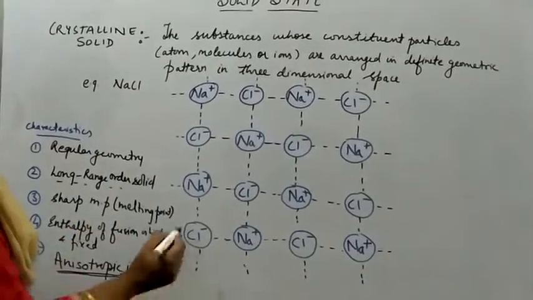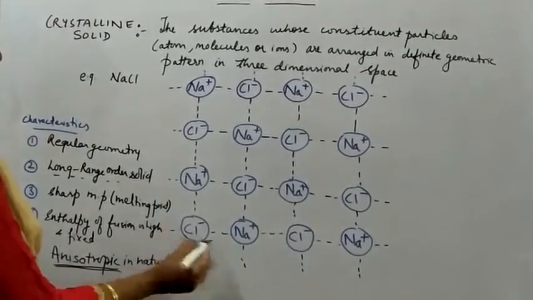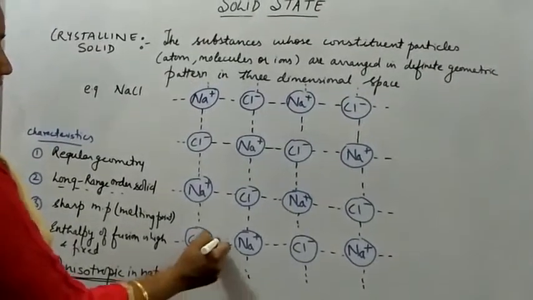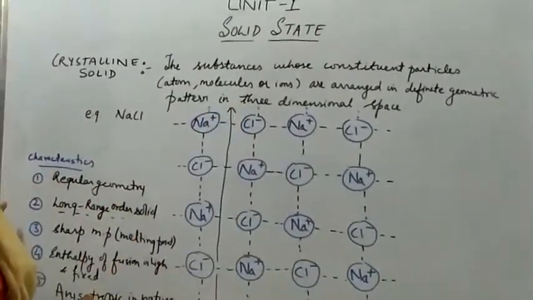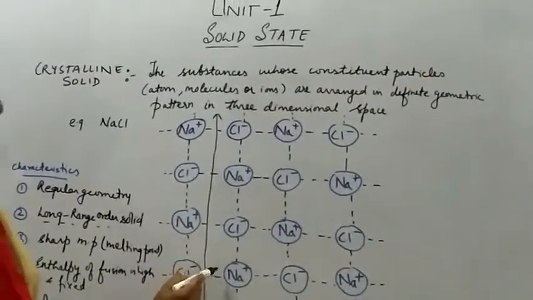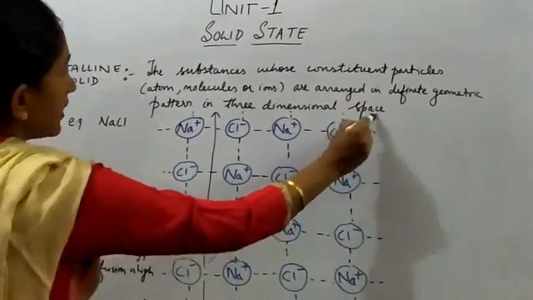If we take any physical property, let it be the velocity of light, and it is measured along this axis, in this direction, the magnitude will be found to be different from when it is measured along this direction.